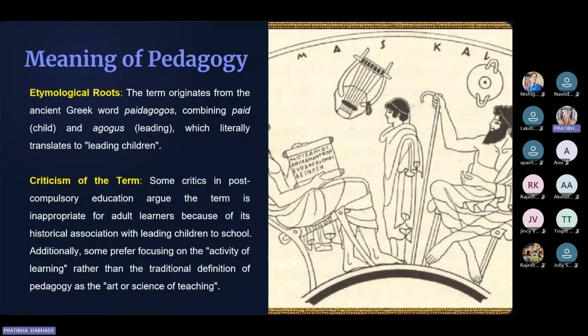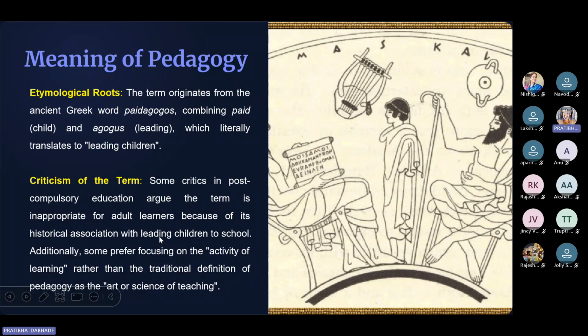Of course not, right? Even the traditional definition of pedagogy was the art and science of teaching, but we have to think about children as learners as well as adult learners.